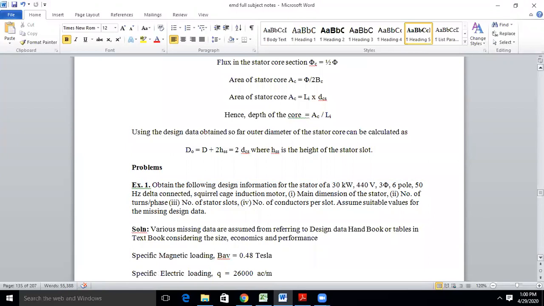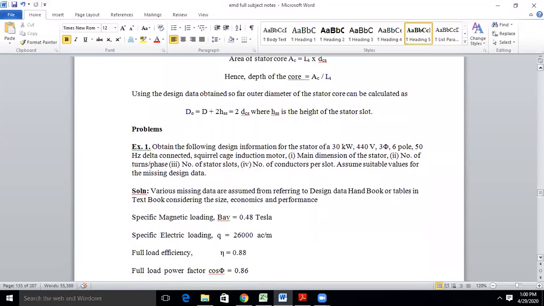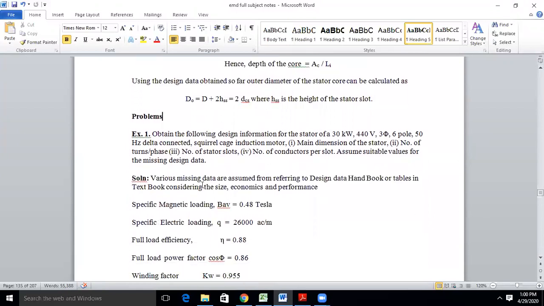In order to get the main dimensions, that is D and L of the stator, let us say the specific magnetic loading Bav is given. Here it is 0.48 Tesla.